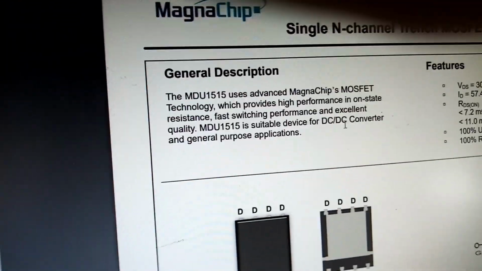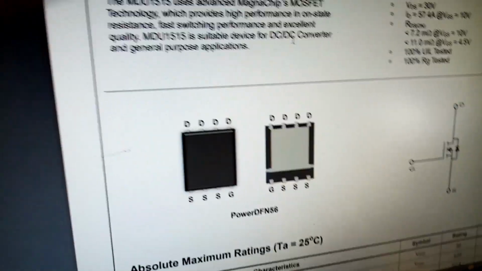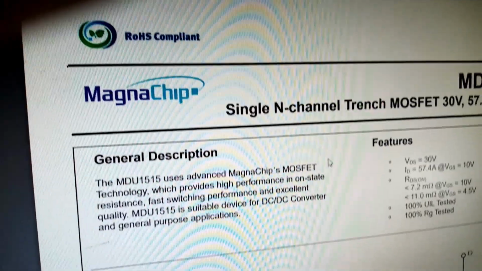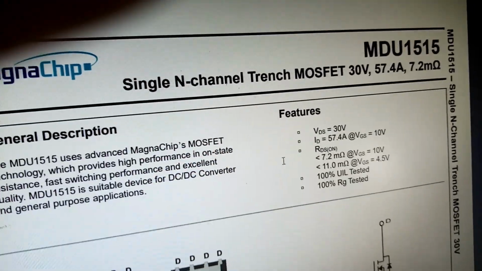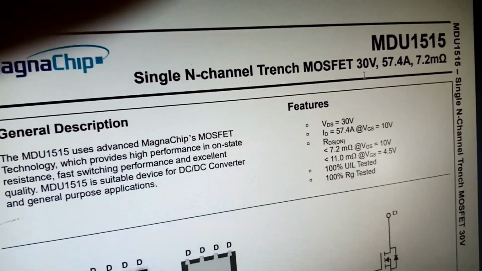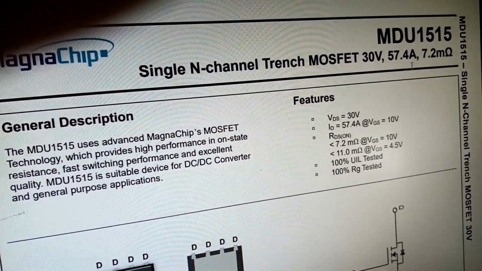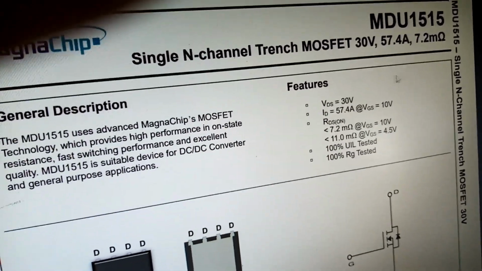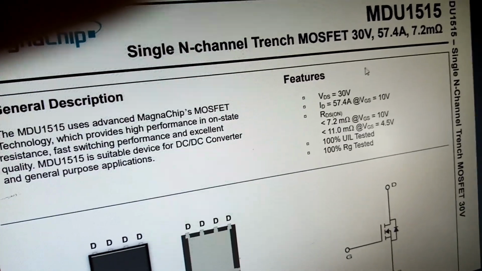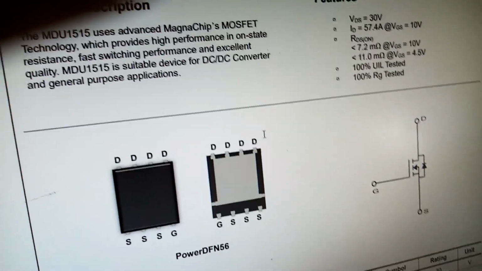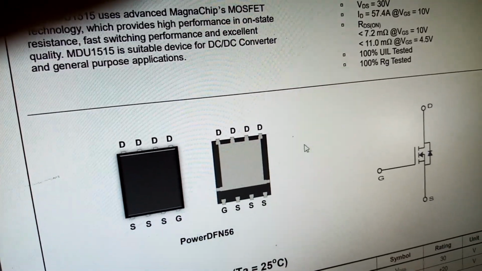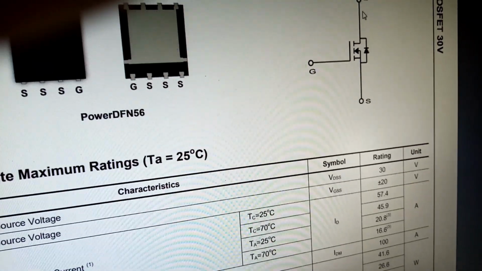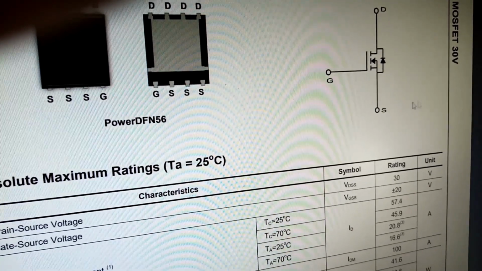This is general. This is a single N channel trench MOSFET. It has a capacity of holding up to that voltage, 57.4 amperes, a resistance of 7.2 milliohms. So this is the schematic for the MOSFET. We have the gate, source and the drain. So this is an N channel MOSFET.